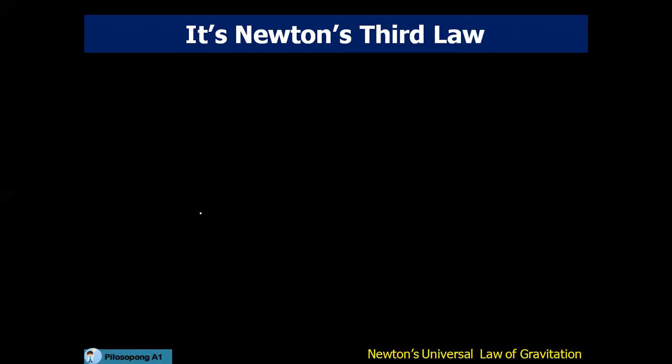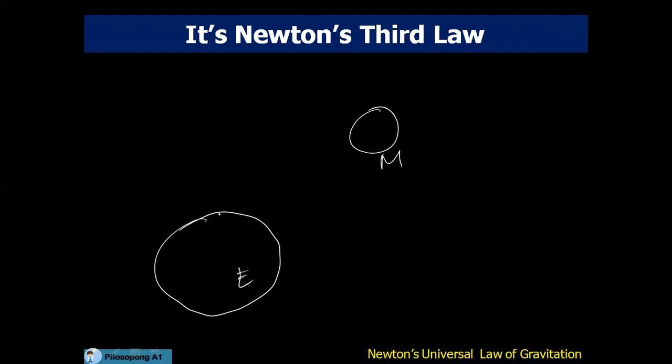If we imagine his assumptions, if this is the Earth and we have the moon orbiting around it, he says that using Newton's third law, an object exerts a force on the other object while the second object exerts a force on the first object. That means that there are action and reaction forces in the interaction of the two objects here.